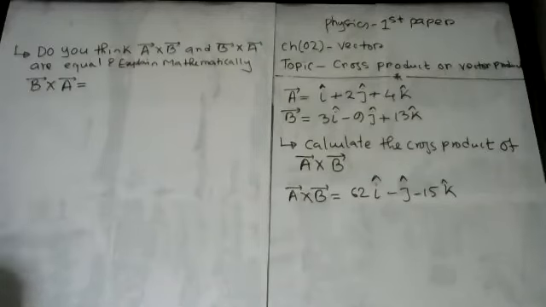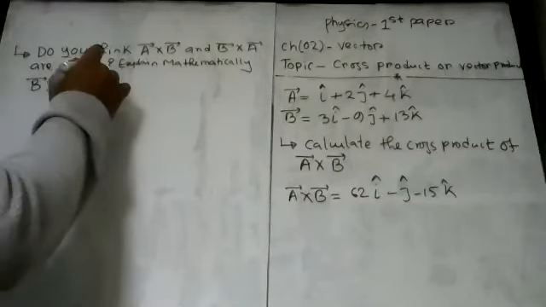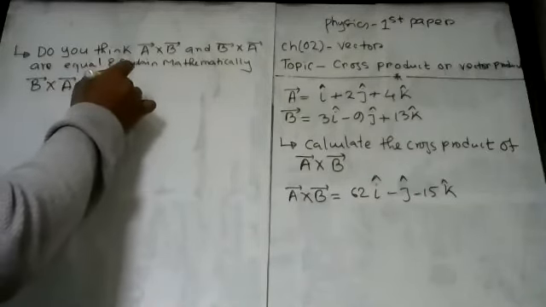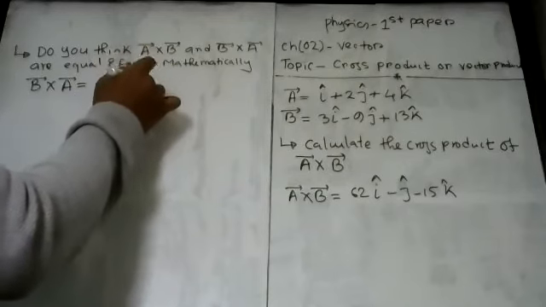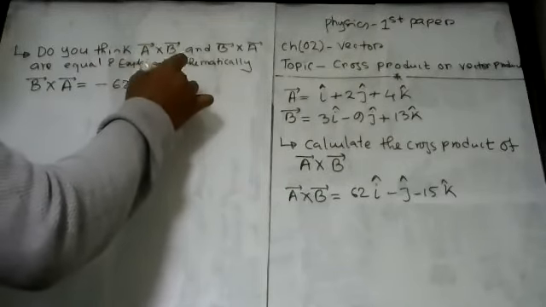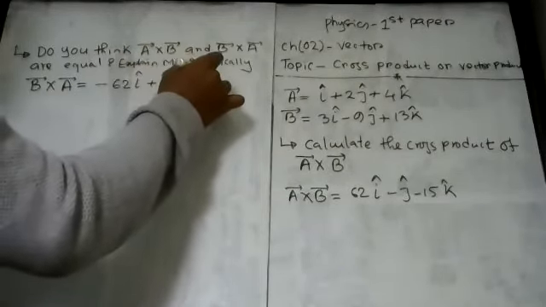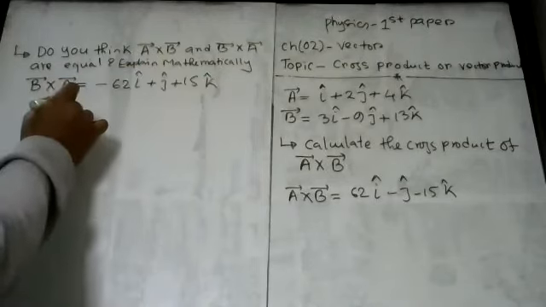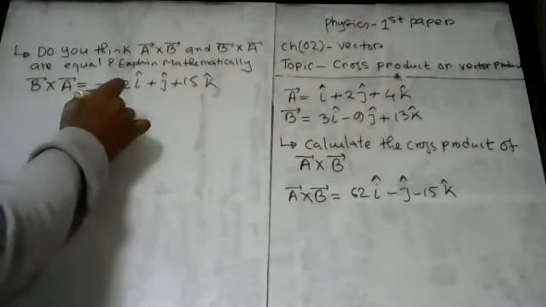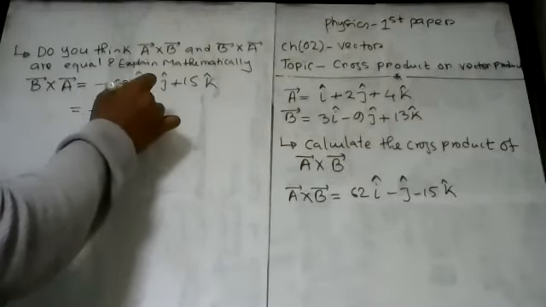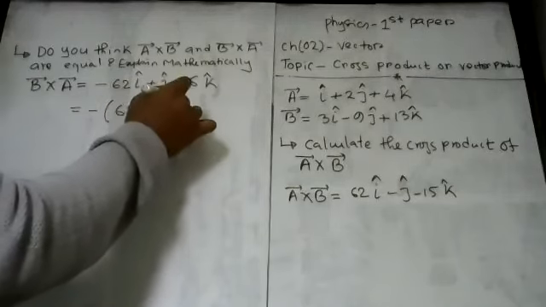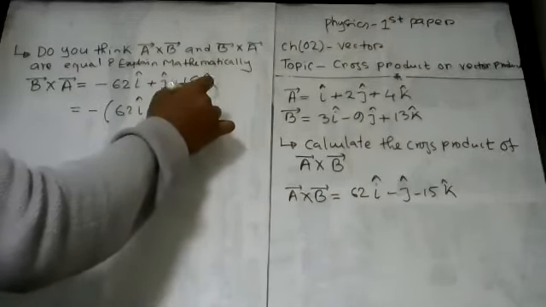So it's correct. So if it is correct, then B cross A will equal to just having a negative sign, 62 i hat plus j hat plus 15 k hat. You just take a negative sign common, so you can say that it is 62 i hat minus j hat minus 15 k hat.